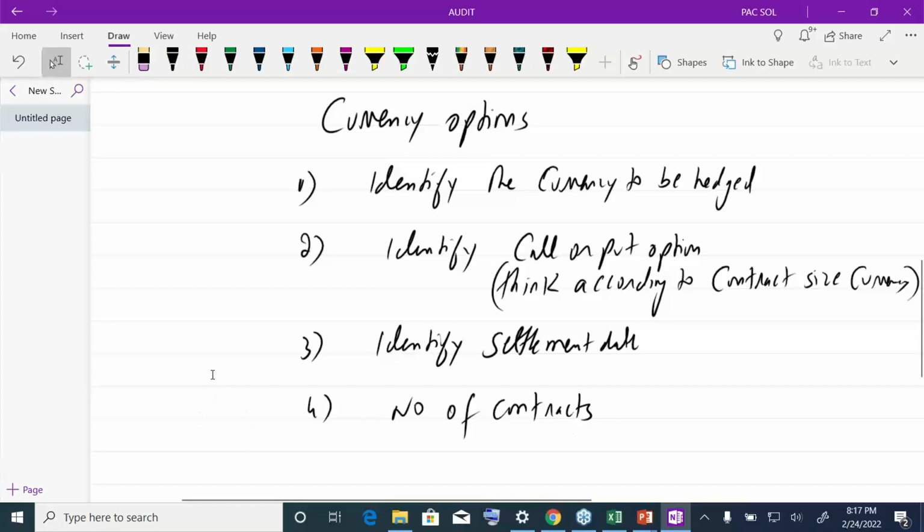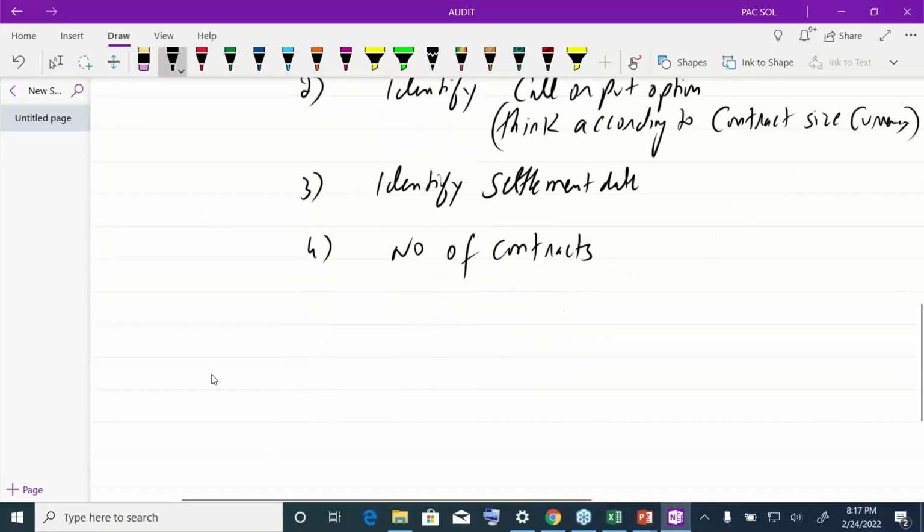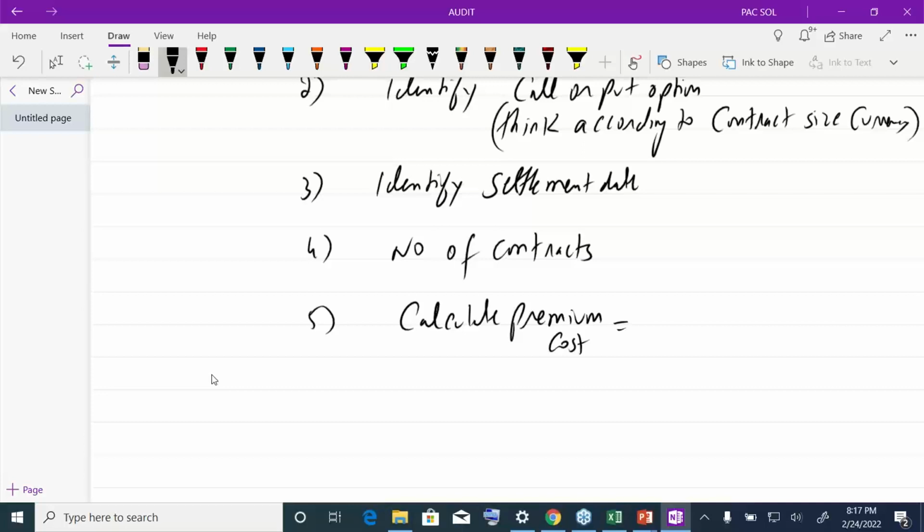Number 5 step: calculate premium cost, which is number of contracts into contract size into premium.